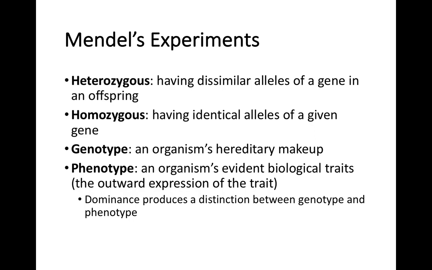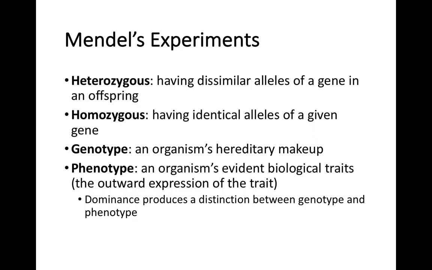This is also a point where we need to talk about the difference between genotype and phenotype. Your genotype is your hereditary makeup. Your phenotype is the observed expression of the trait. So with blood types, if you have type AB blood, your genotype and phenotype are the same, right?